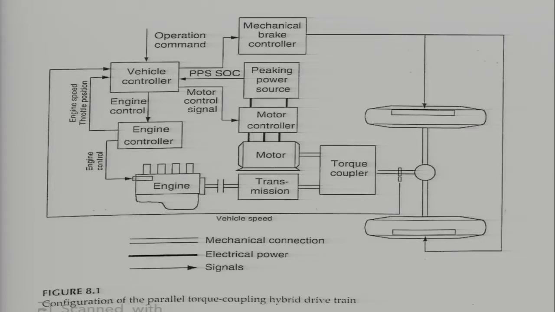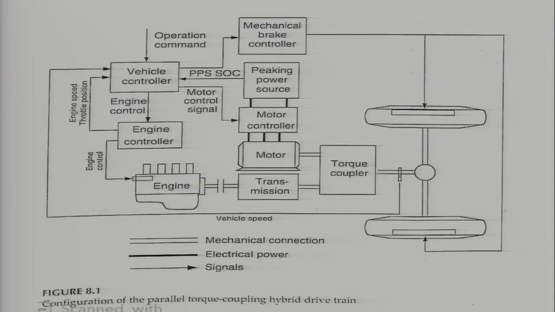This torque coupler in turn is connected with the wheels of the vehicle. A double line indicates the mechanical connection, a single thick line indicates the electrical connection, and a single narrow line indicates the signals.